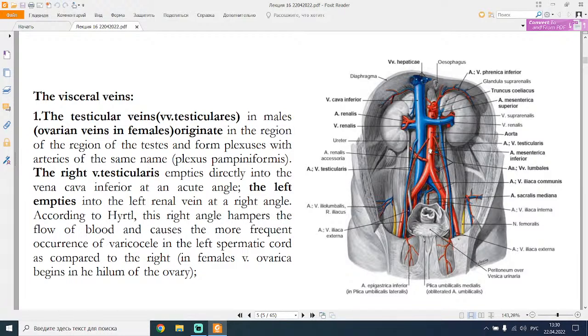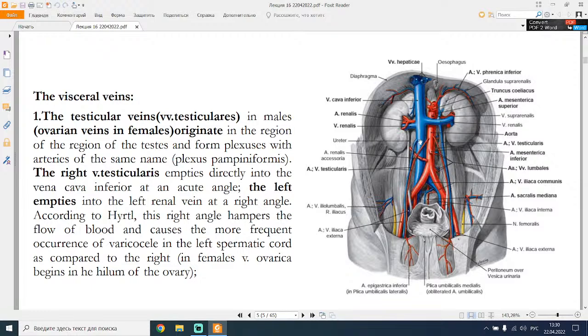According to Hertel, this right angle hampers the flow of blood and causes the more frequent occurrence of varicocele in the left spermatic cord as compared to the right.